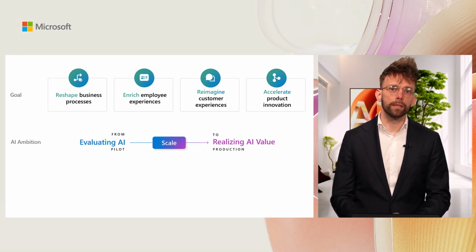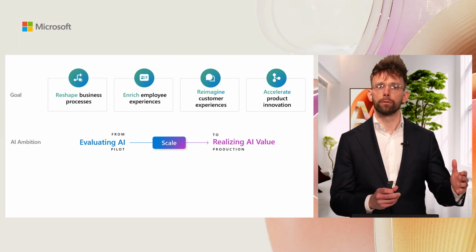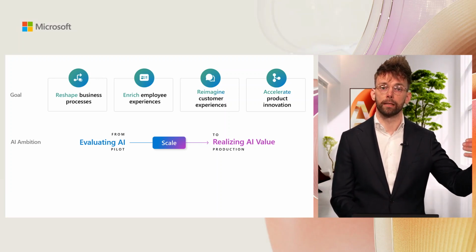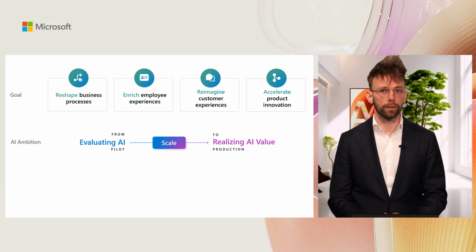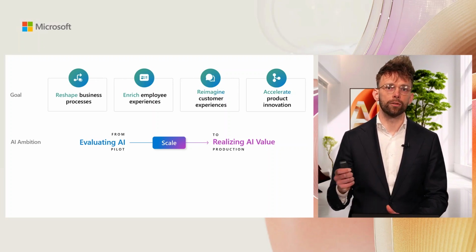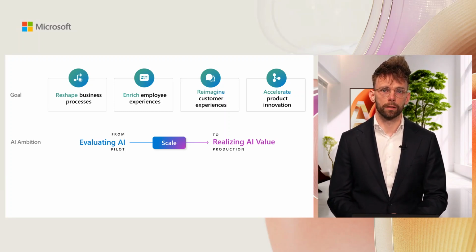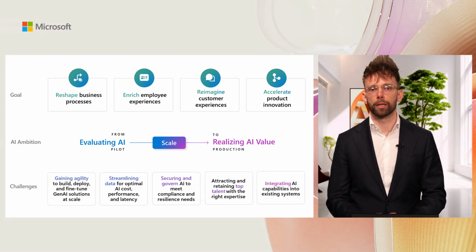The way companies are approaching this is by starting off with many different pilots across the organization, which start with many great and unique ideas that we see in practice. The goal is then to start scaling into production. From that point on, the value starts pouring in, in many cases. Along the way, companies see a lot of challenges popping up.